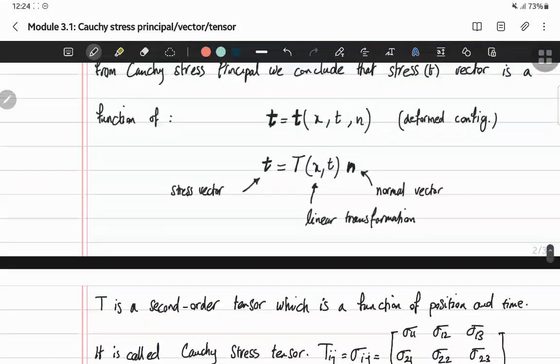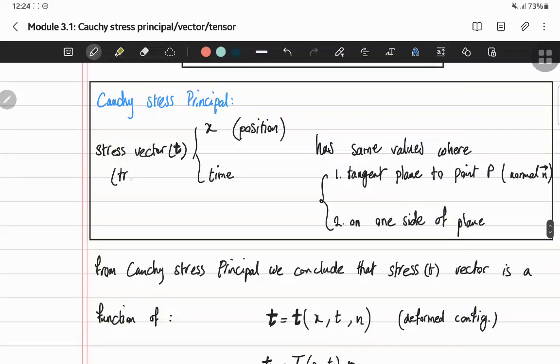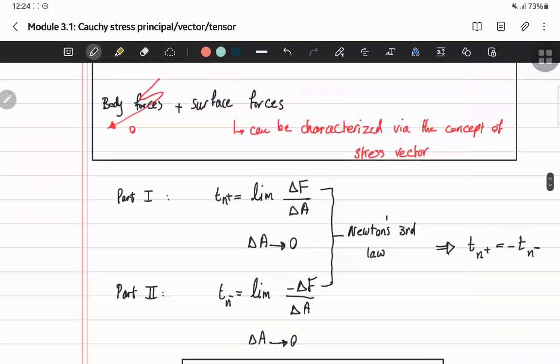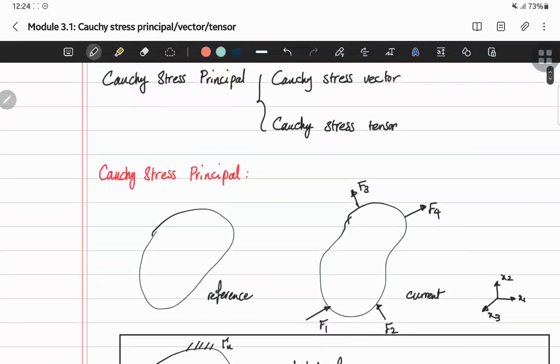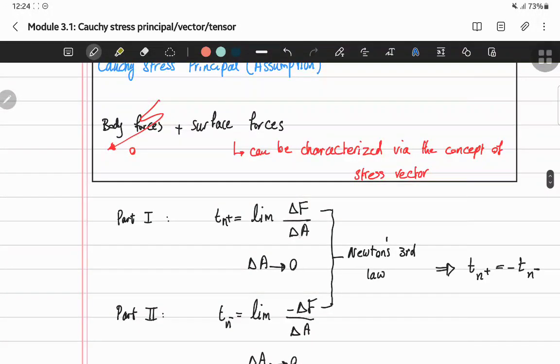This is a stress vector, or we call this traction. So I may use these names interchangeably. T is also referred to as traction. So del F is the product of T, the traction or stress vector, and the area.